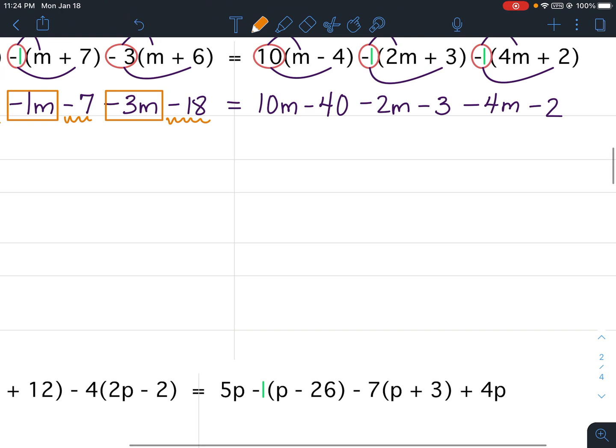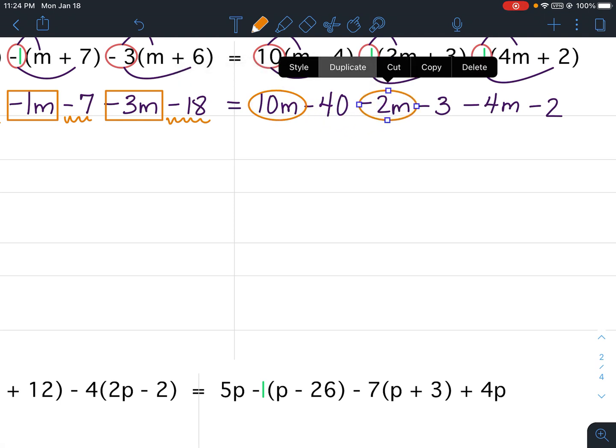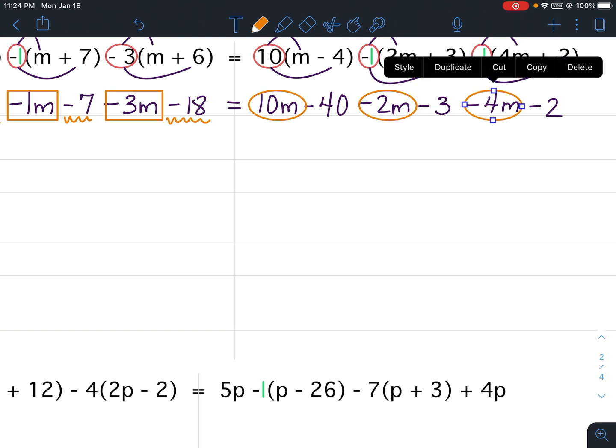On the right side, I have 10m, -2m, and -4m. I also have -40, -3, and -2.